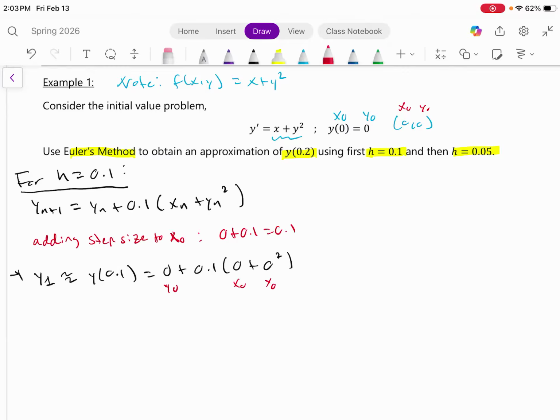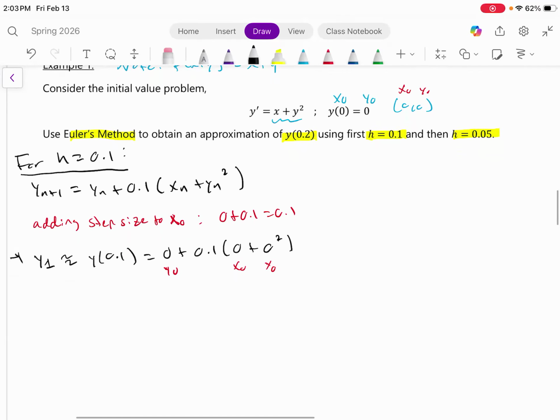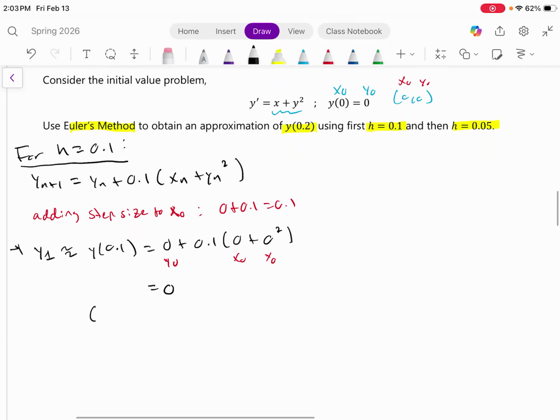So I'm using my current values to get my next value. That's what iteration is. When we calculate all this, it all goes to 0. So my first point using approximation is (0.1, 0). And remember, this is my x1, this is my y1.